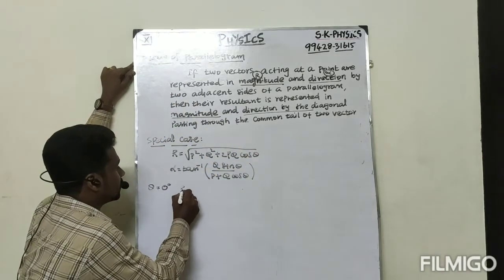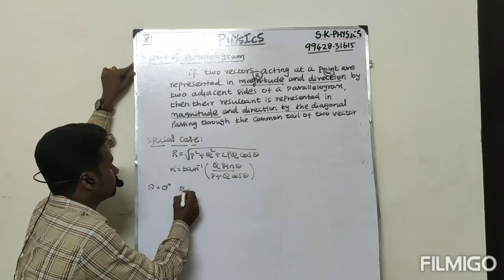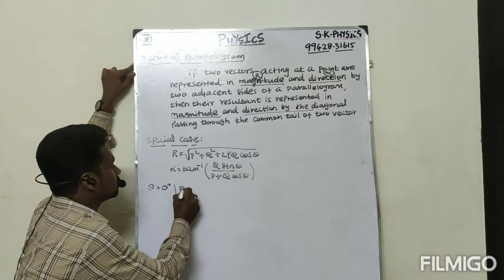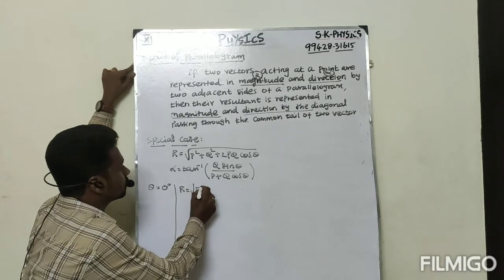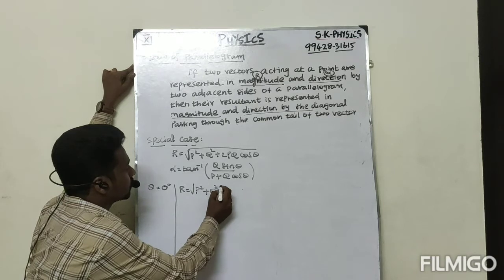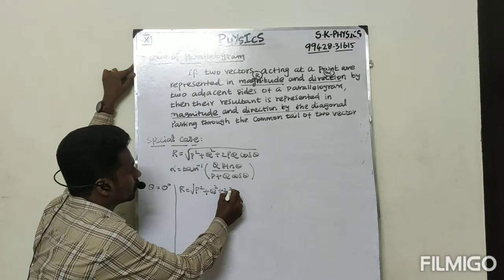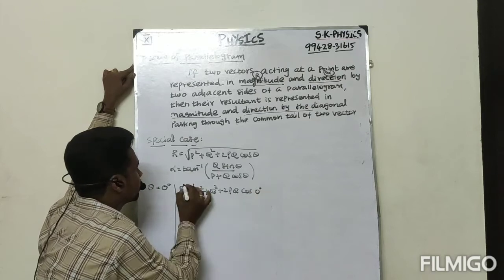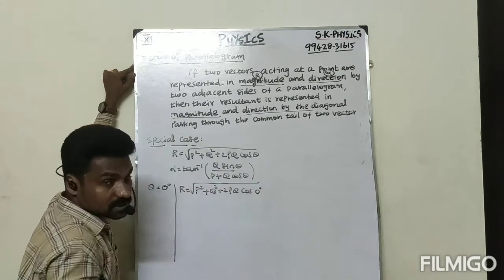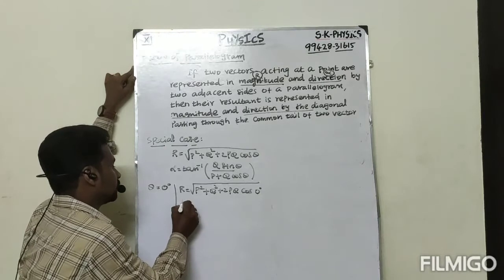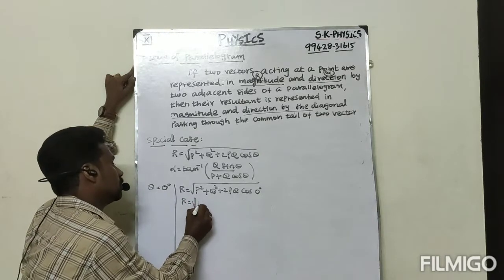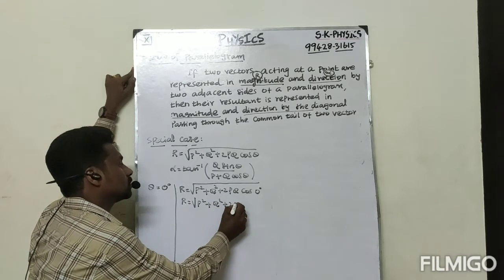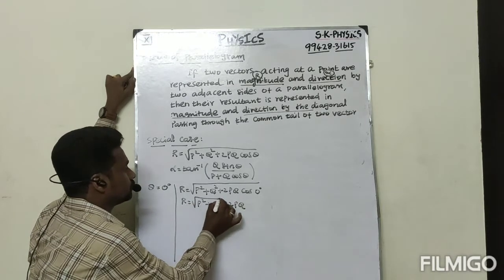Therefore the resultant value R is equal to whole root of P square plus Q square plus 2PQ cos 0 degree. We know that cos 0 is equal to 1. Therefore R is equal to whole root of P square plus Q square plus 2PQ.